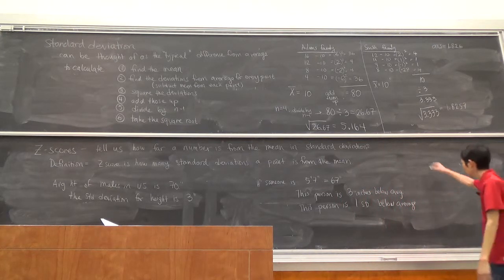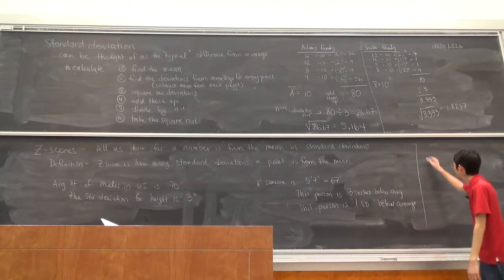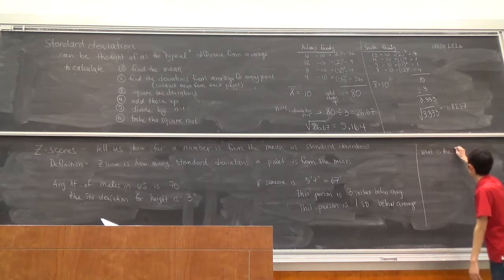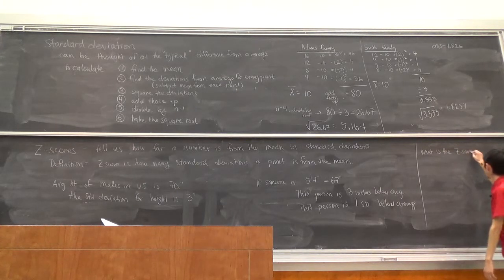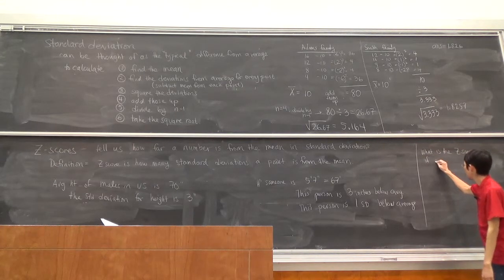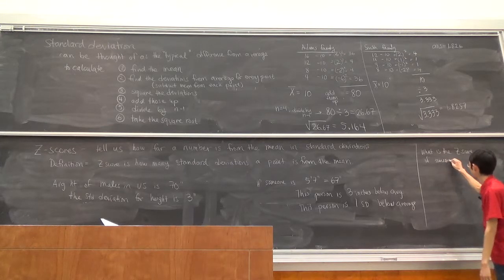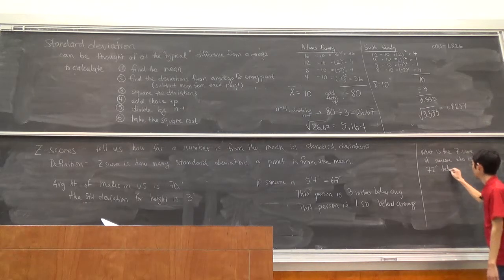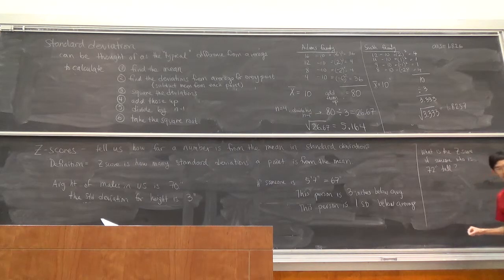So if I ask what is the z-score of someone who is 72 inches tall, so someone who is 6 feet tall. How many standard deviations from the mean is this person? 2/3.